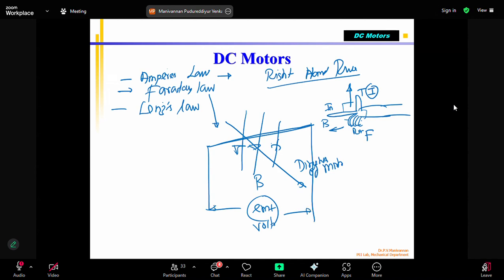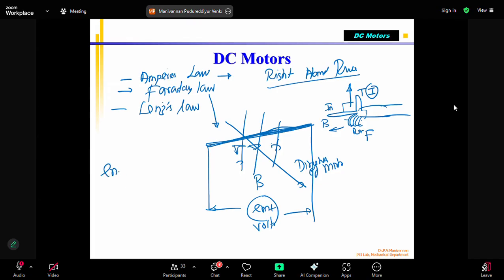Correctly, we say a generator produces electromotive force, and the unit for EMF is volts, but we always say volt. So if there is a magnetic field from top to bottom, and I move a wire perpendicular to it, then an EMF is induced.